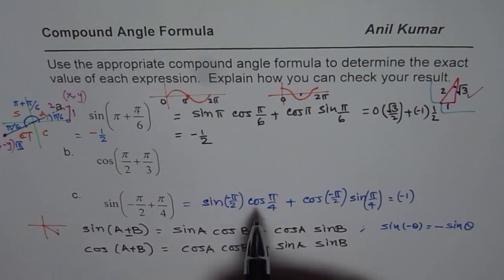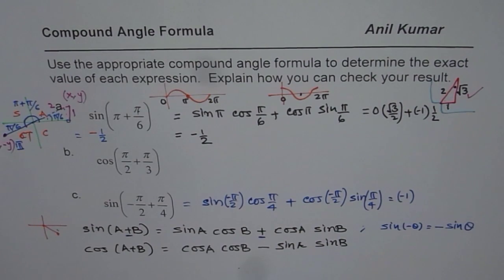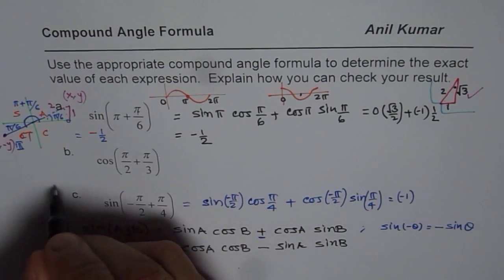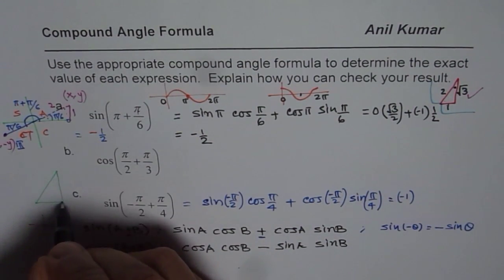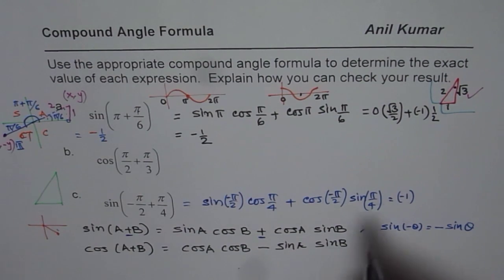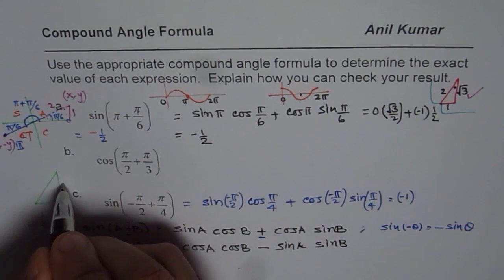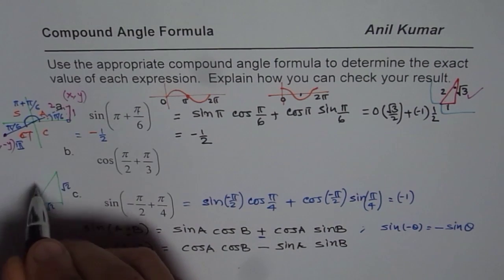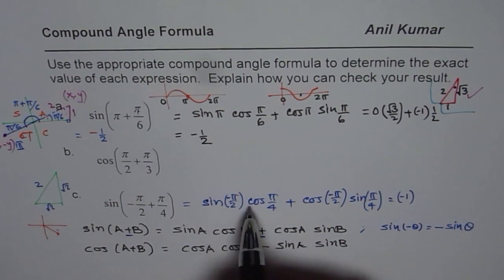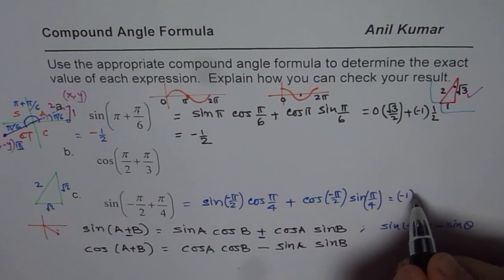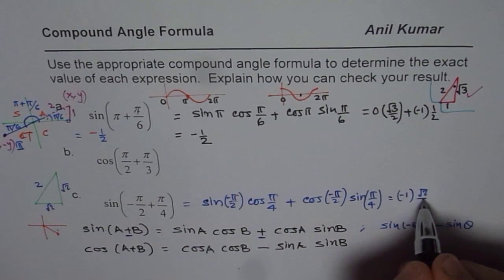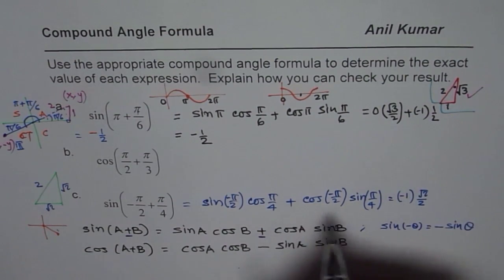Got the idea? Cos pi by 4, that means we are looking into the pi by 4 triangle, where the values are square root 2 and 2, right? So we could write cos pi by 4 as square root 2 over 2, right? Plus, now we have cos of minus pi by 2.